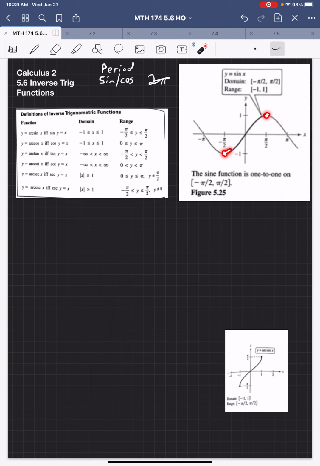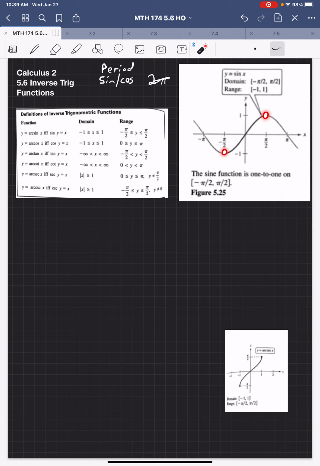What's left is clearly not the original sine curve. It has been altered. But what's left, obviously depending on where you make your cuts, in this particular case, we have decided to make a cut at negative pi over 2 and pi over 2.